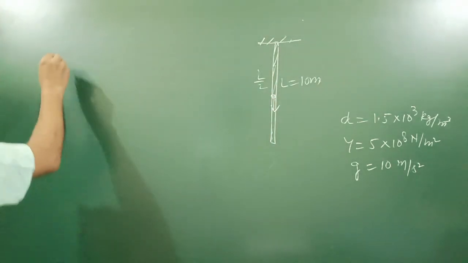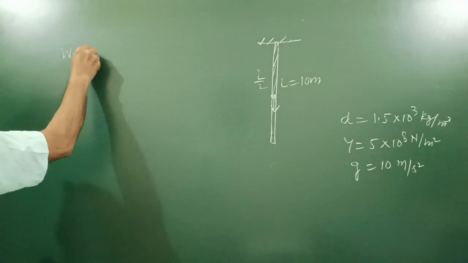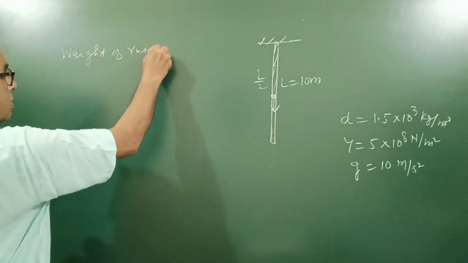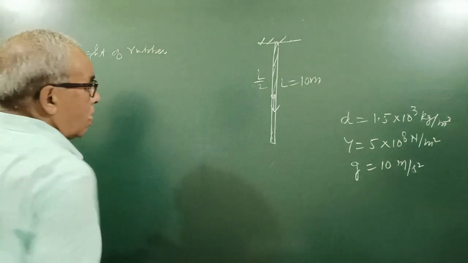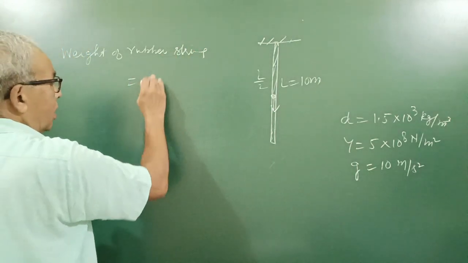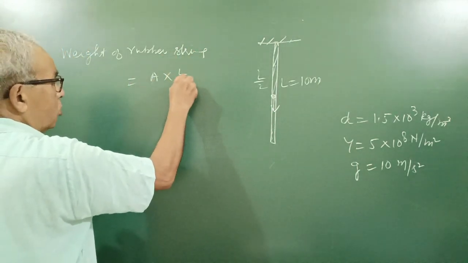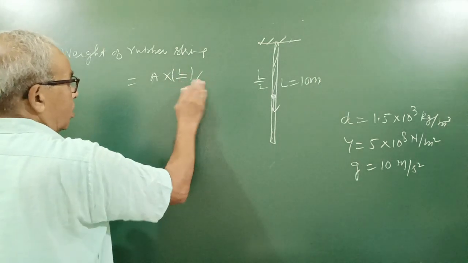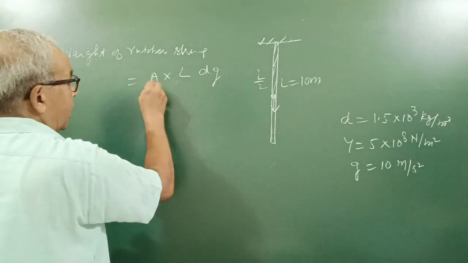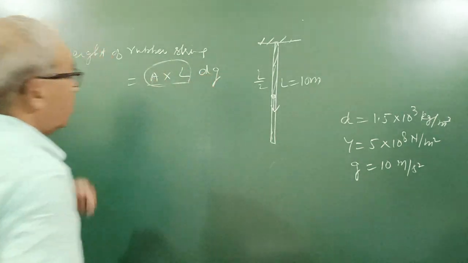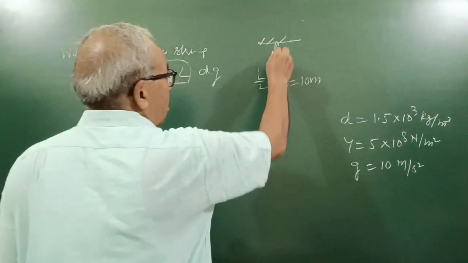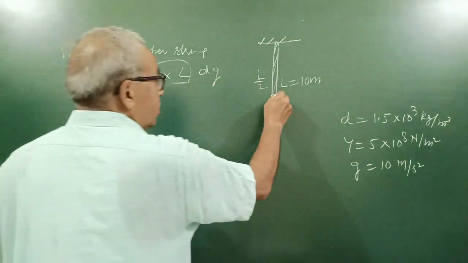So the weight of the rubber string, or band, will be A into L into g, no sorry, weight will be A L D g: area times length is volume, times density. So this total weight of the rubber string is A L D g. It will act at this point.